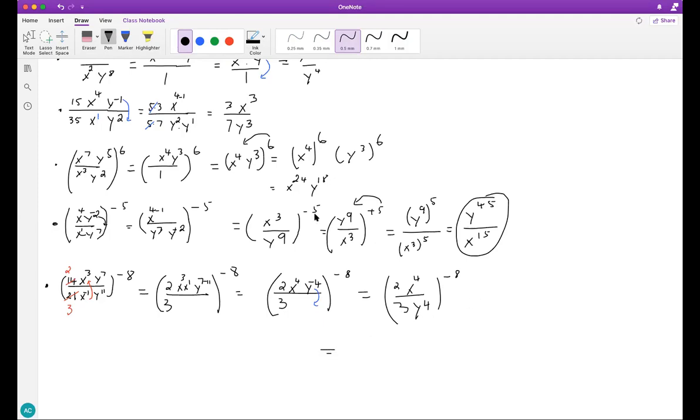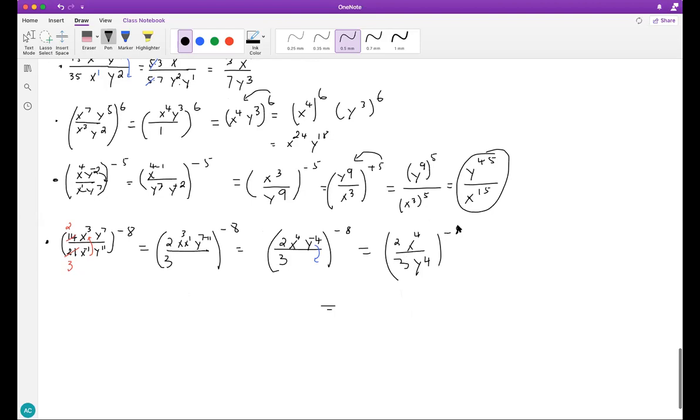And finally, as you can see, now we're going to do the same thing as we did before. We have a -8 here, so this whole thing needs to be flipped upside down to make this positive. So it would be 3y to the 4th over 2x to the 4th.